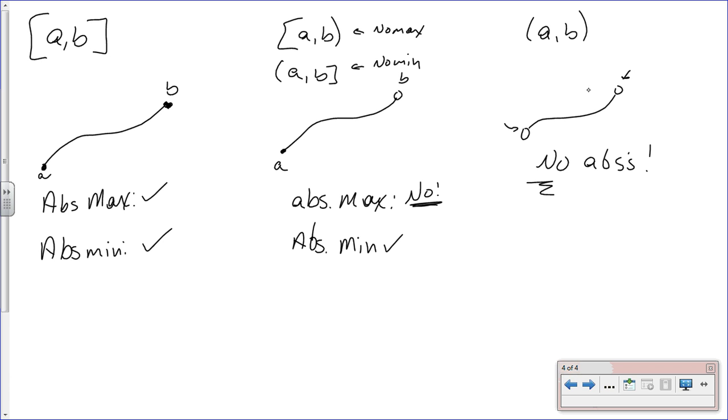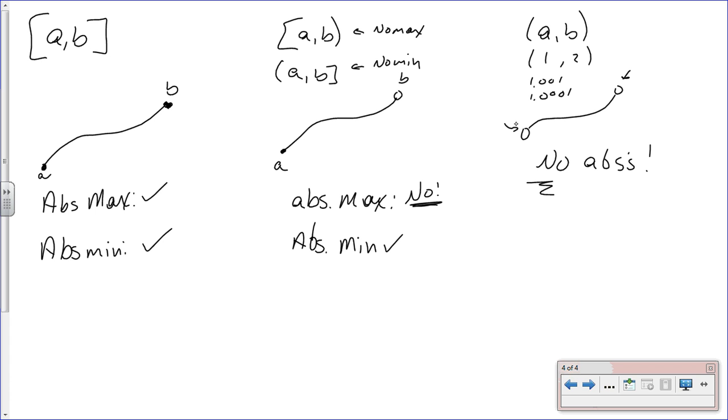Again, say this was 1 and 2, not including 1, not including 2. You're like, well, the smallest you can be is 1.001. Well, I'll say no, because 1.0001 is smaller. And then you could put 4 zeros in there and say, well, that's even smaller. Same thing here. You could do 1.999. Well, then I could throw another 9 on.